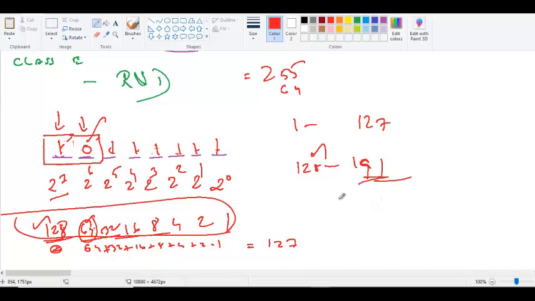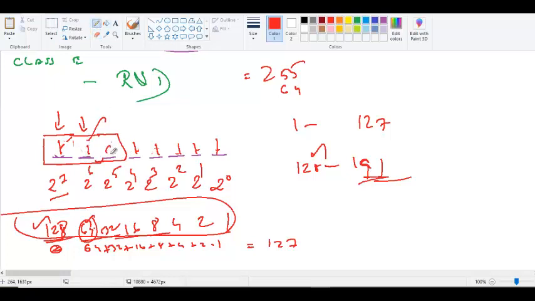For class C, what they did is make 1 1 0 constant.